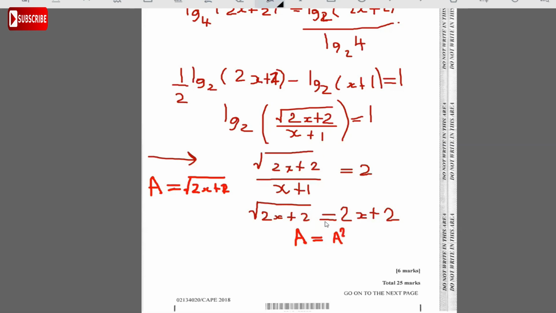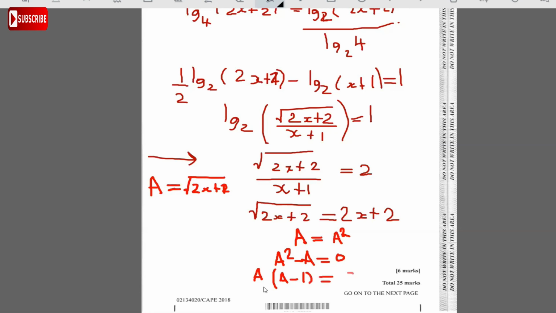Carrying this over, you're solving a squared minus a is equal to 0. Factor out a, and you get a equals 0, or a minus 1 is equal to 0.